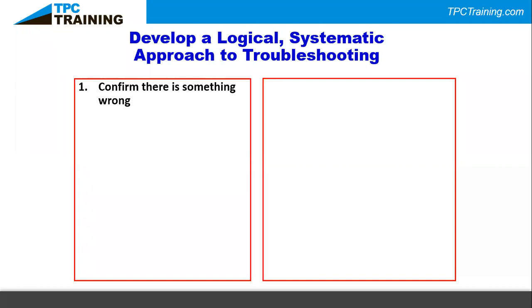Something that we try to talk about in our classes here at TPC is try not to dismiss that operator out of hand and just try to troubleshoot on your own, right? The best troubleshooting process is a team effort. Not only with you and other maintenance technicians, but between maintenance and machine operators, or between supervisors, the safety and training managers, and the machine operators.